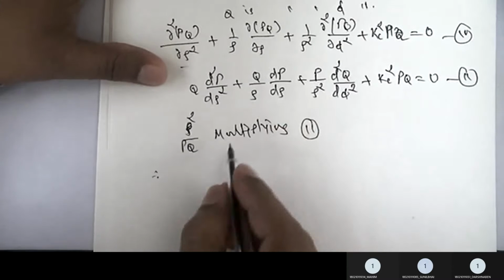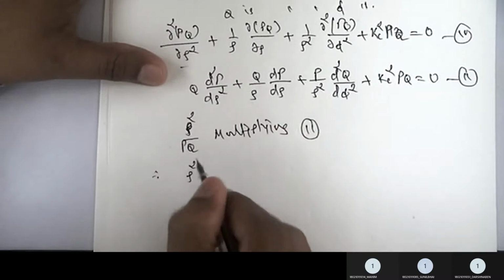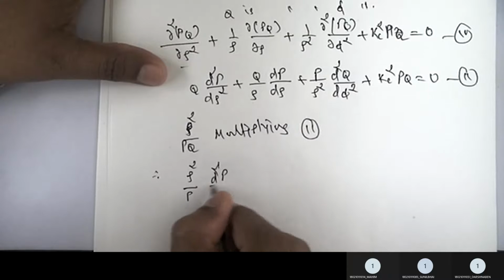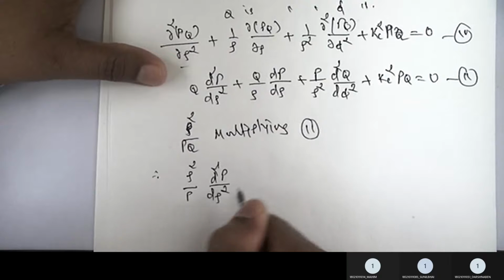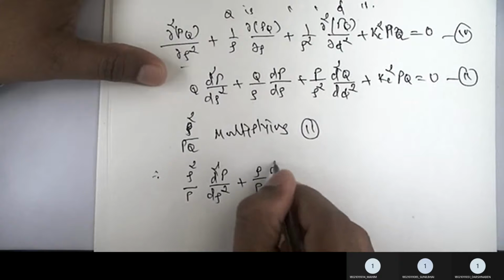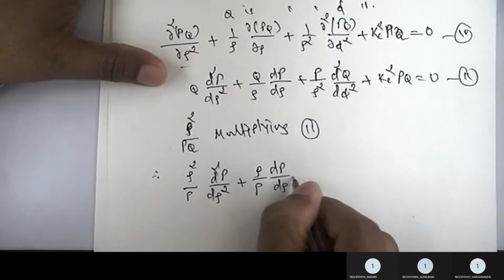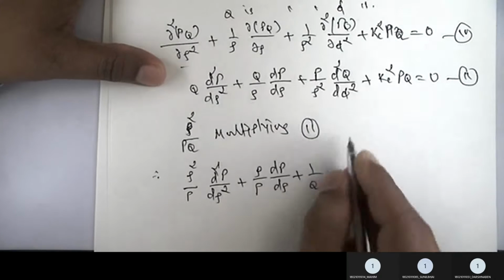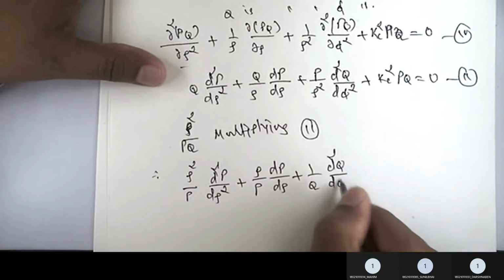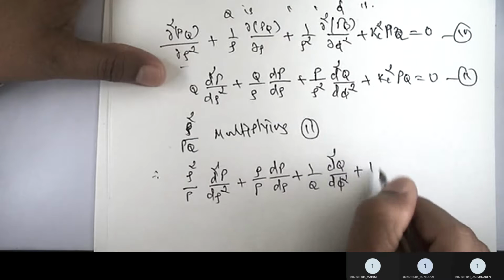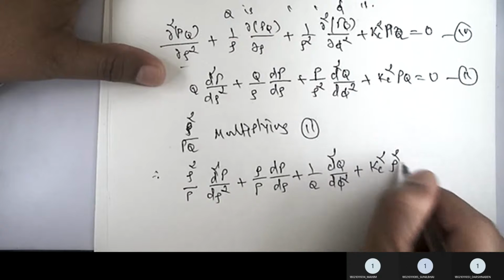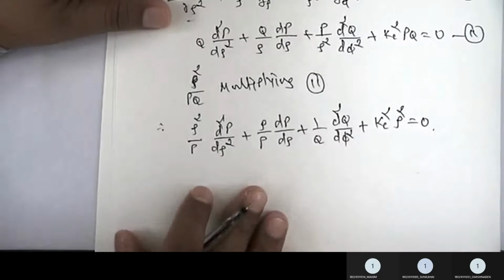Then I get the final expression: rho square by p d square p by d rho square plus rho by p dp by d rho plus 1 over q d square q by d phi square plus k c square rho square, and that is equal to 0.